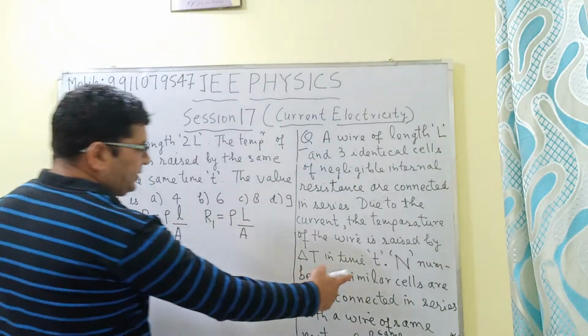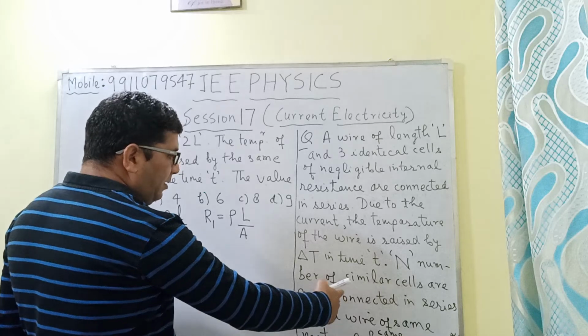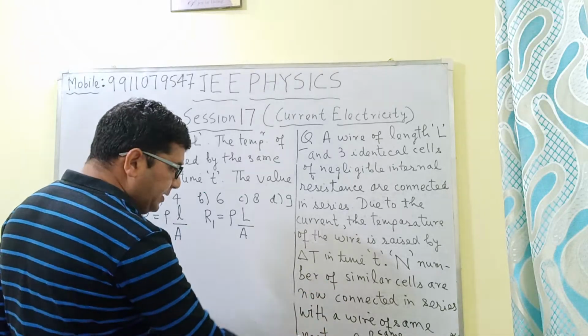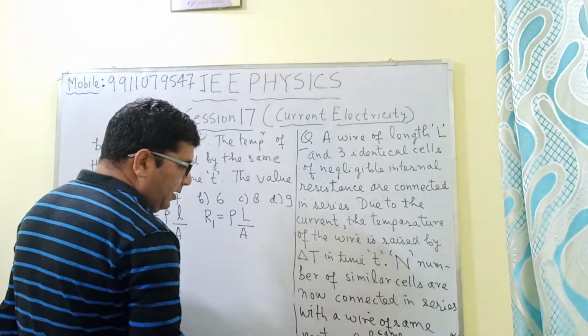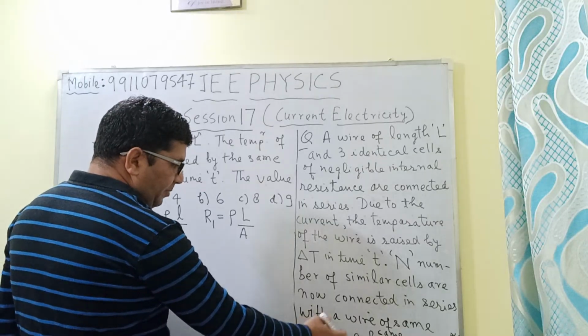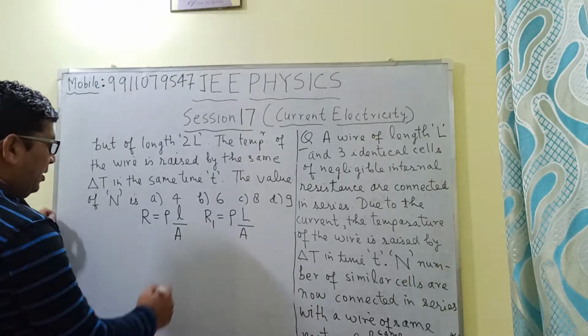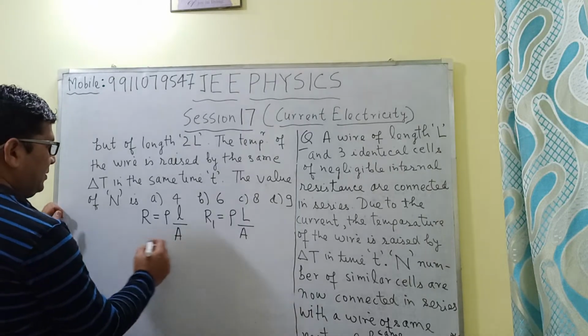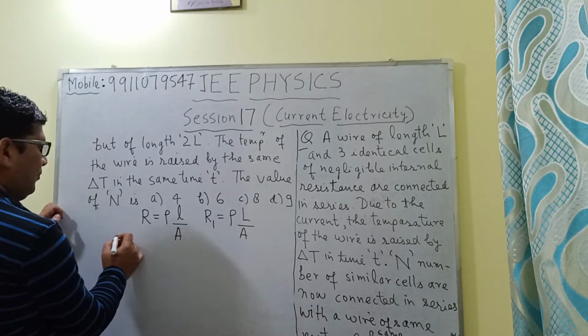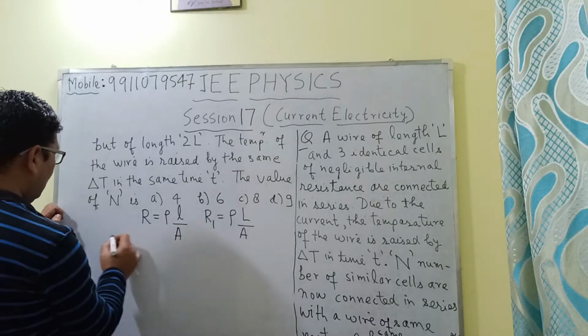Now in the second case here, when there are n number of similar cells connected in series with a wire of the same material and same cross-section area, that is A. So in that case, let us say the resistance is R2.